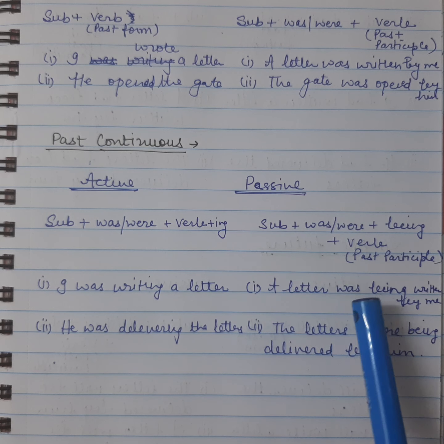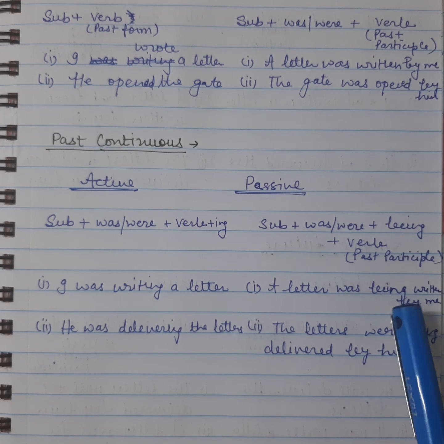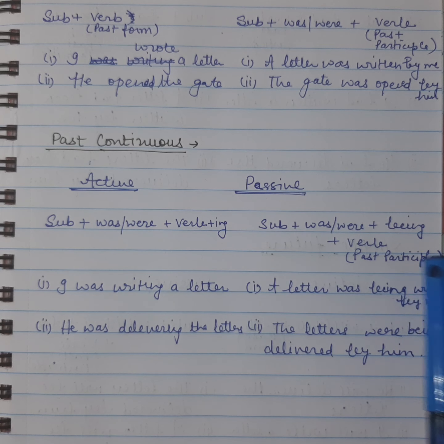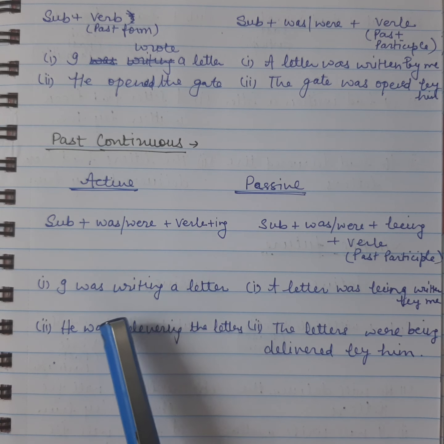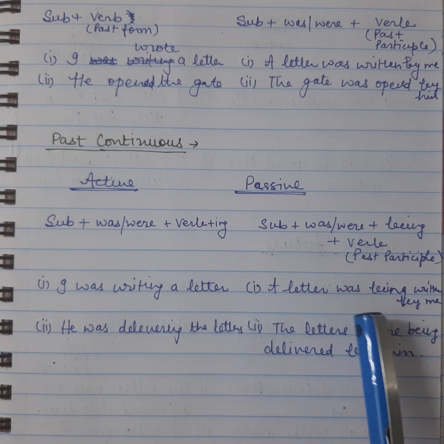A letter is singular, so we'll use was, then we'll add being, and then the past participle of the verb write, which is written, and then I will become by me. So, a letter was being written by me.